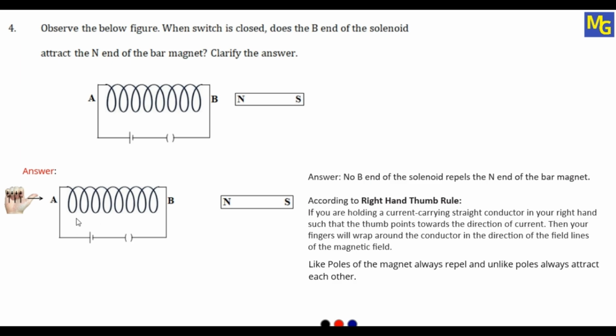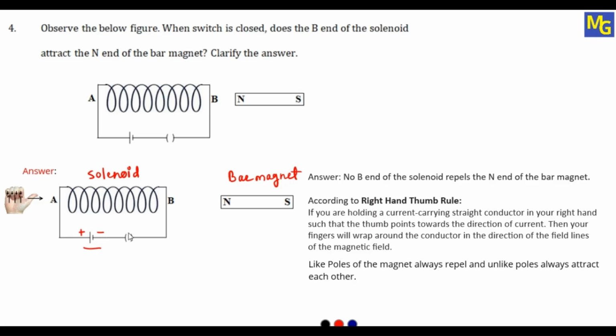So see the answer. We will label first. This is the diagram for the solenoid and this is the diagram for the bar magnet. Now see, in this circuit there is a cell, and in this cell this is the positive end and this is the negative end, and this is the switch.